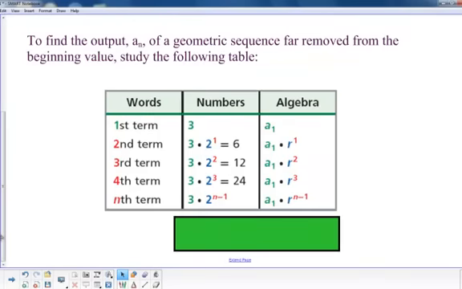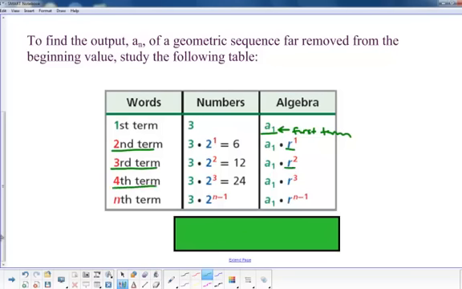So if you think about this with letters, the first term we're going to write as a sub 1. That little bottom, it's just telling you that it's the first term. And then each time we multiply it by the constant multiple. So for the second term, we multiply it by the constant multiple once. For the third term, we multiply it by the constant multiple twice.